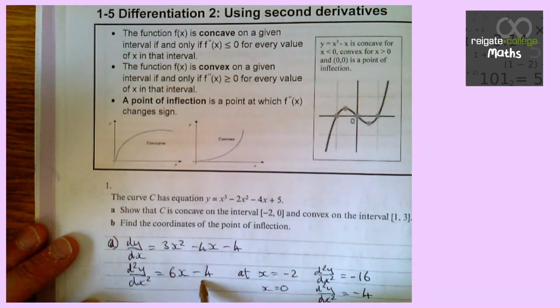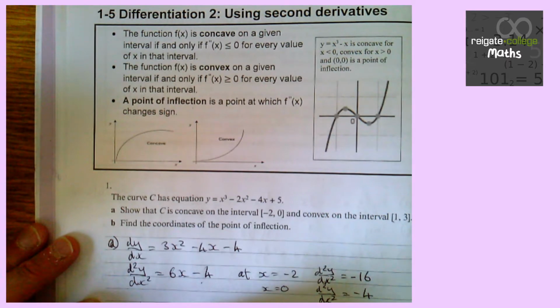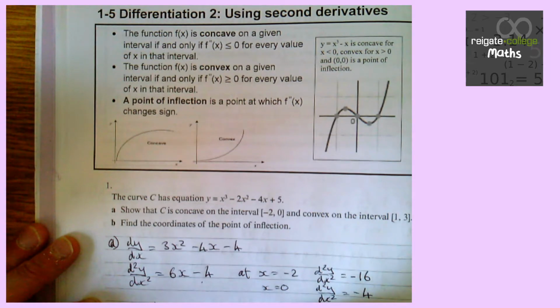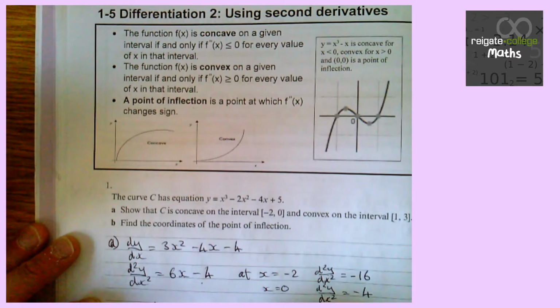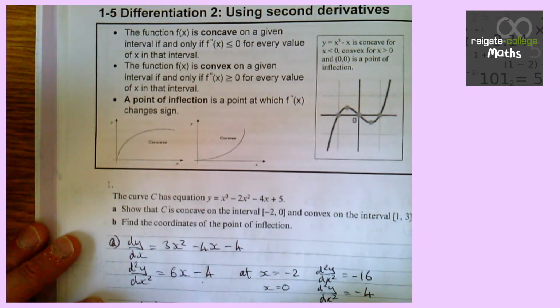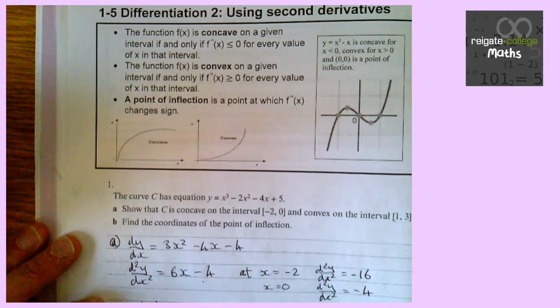Because this is linear and negative at both endpoints, the function, so C is concave on the interval minus 2, 0.